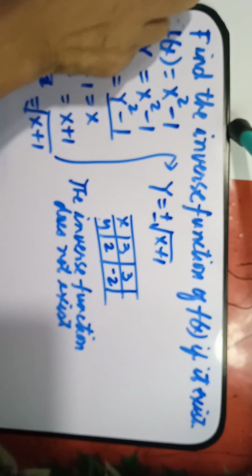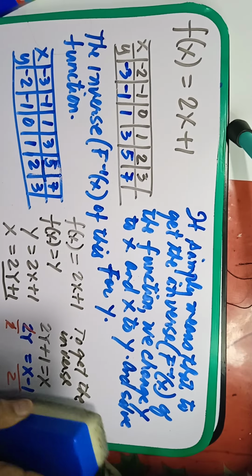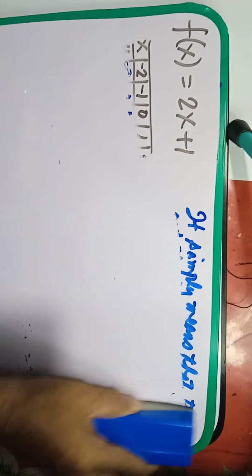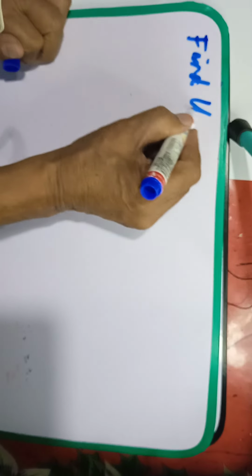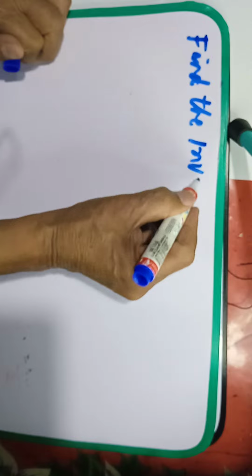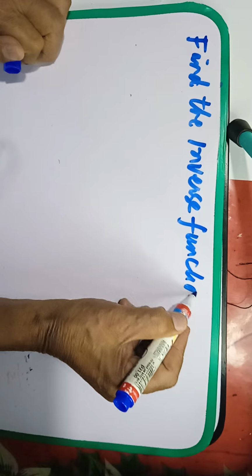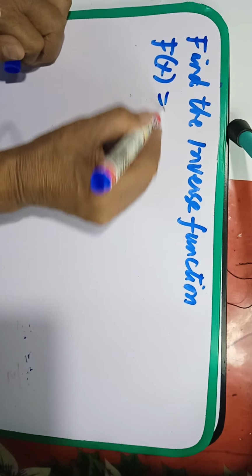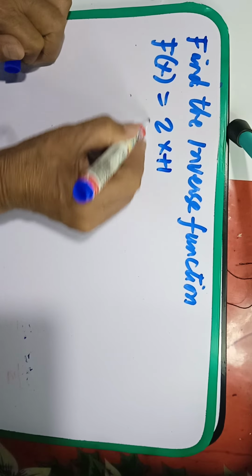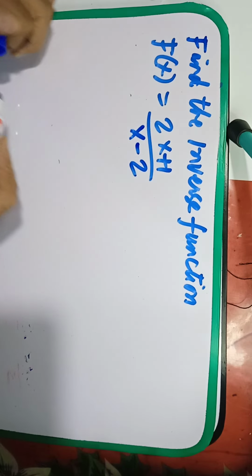Let's try another example. Find the inverse function of f of x equals 2x plus 1 over x minus 2.